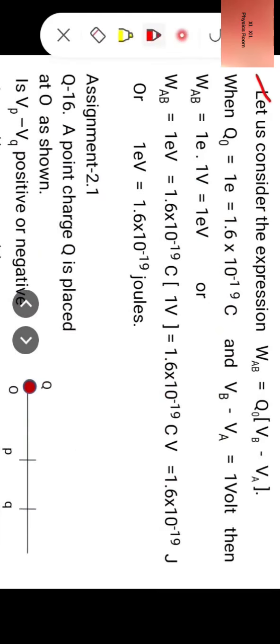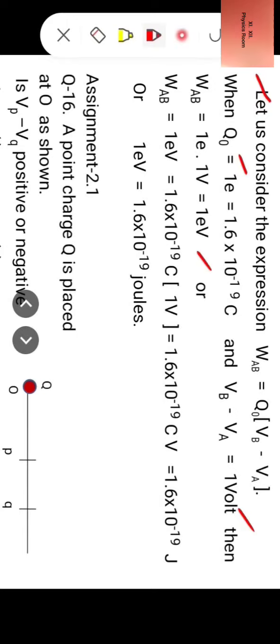Now let us consider the expression WAB is equal to Q naught into VB minus VA. When Q naught is equal to 1e, that is equal to 1.6 into 10 raised to power minus 19 coulomb, and VB minus VA is 1 volt, then WAB is equal to 1e into 1V, and it is equal to 1 electron volt, or WAB is equal to 1 eV.